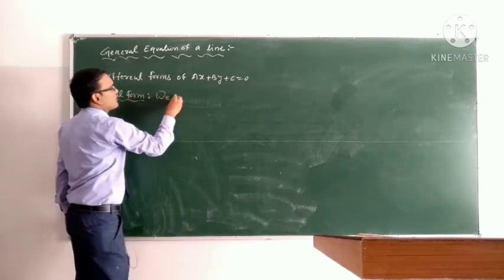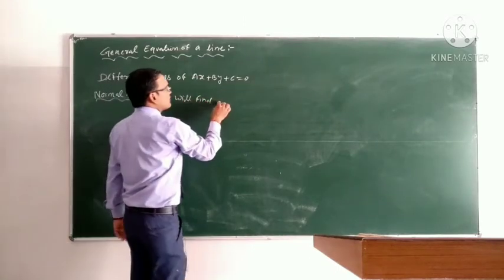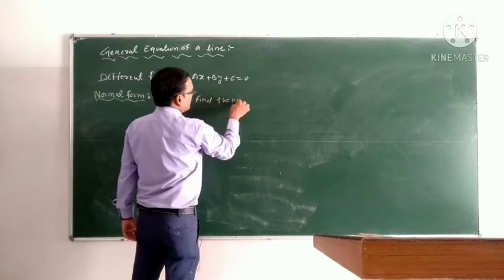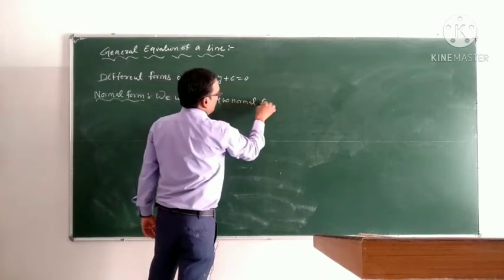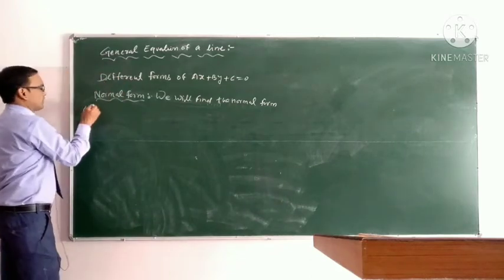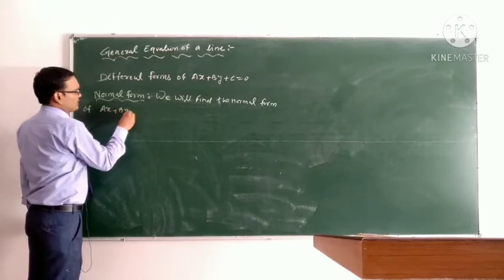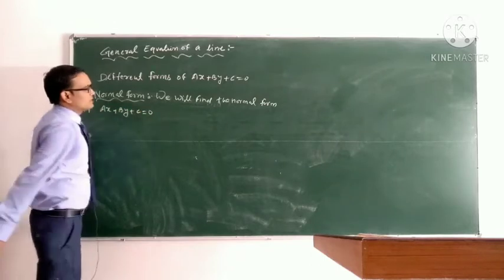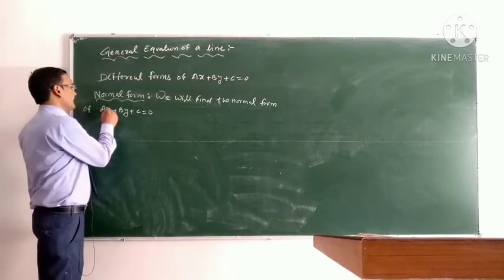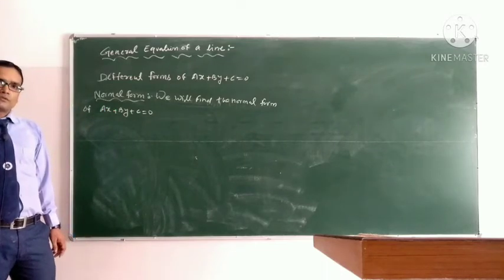We will find the normal form of ax plus by plus c equal to 0.